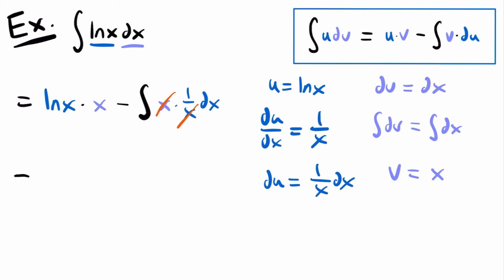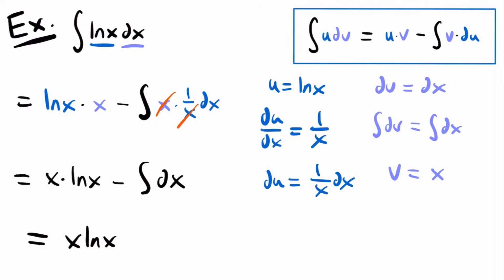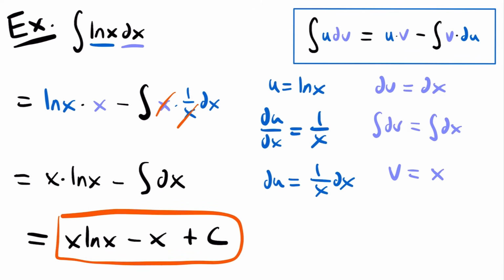And so if we simplify, this is equal to x times the natural log of x. I just reordered the multiplication here. It just looks a little bit nicer like that. And then we will subtract the integral of dx. And the integral of dx is just x, and so this is equal to x times the natural log of x minus x plus c. Okay, and so that is the integral of the natural log of x by using integration by parts.